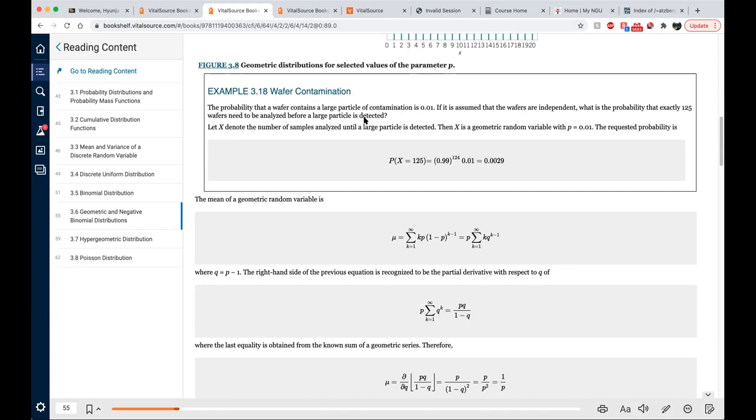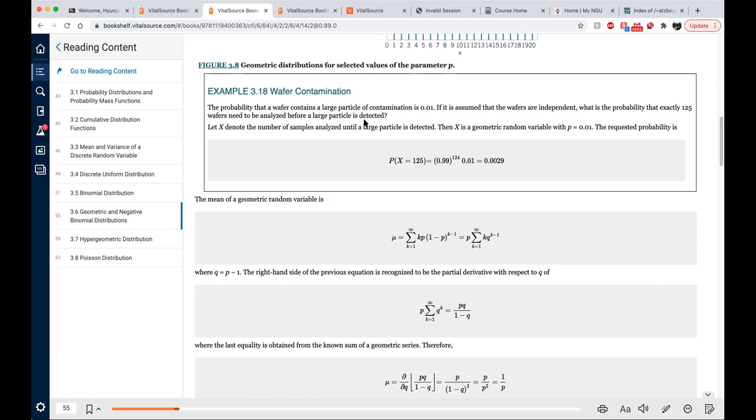You may just misunderstand the problem. 125 wafers need to be analyzed before a large particle is detected. So that means the 126th trial you get the success.